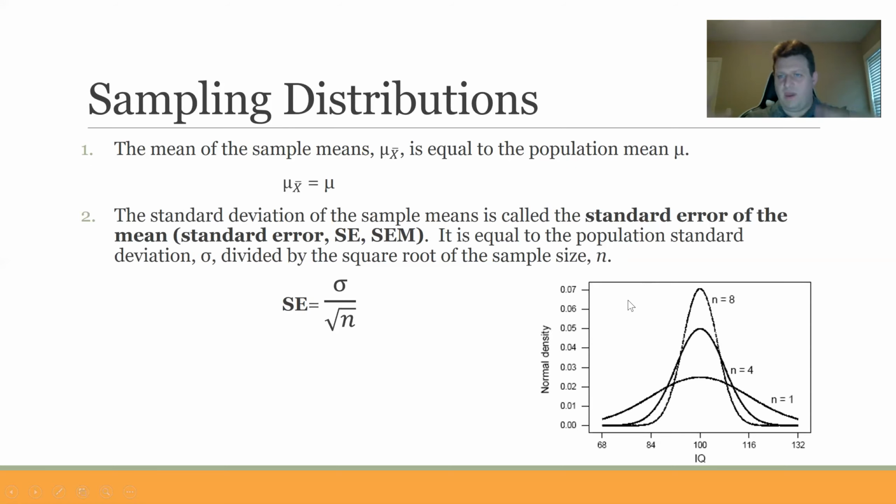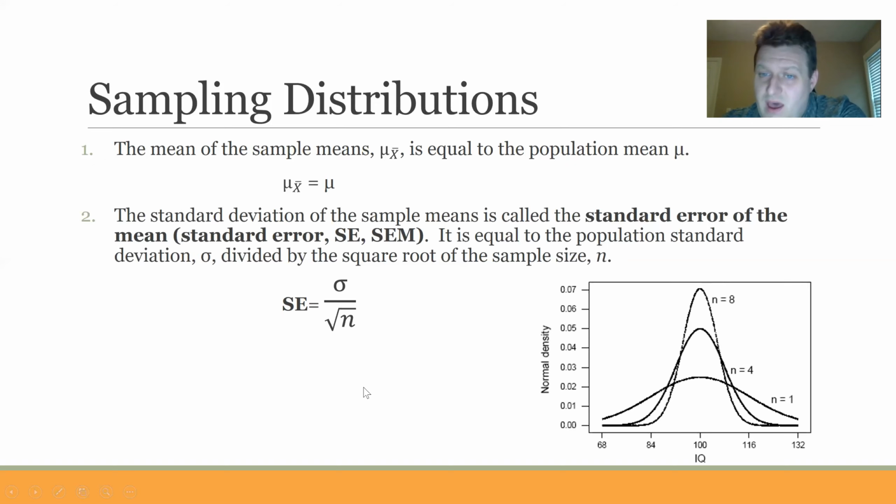In fact, the more subjects we sample, we're going to see that distribution pretty much shoot up like this, because we are going to get very, very close to the true population mean the more subjects that we have. This is important to note. Okay, so we talked about what the mean of the sampling distribution is.